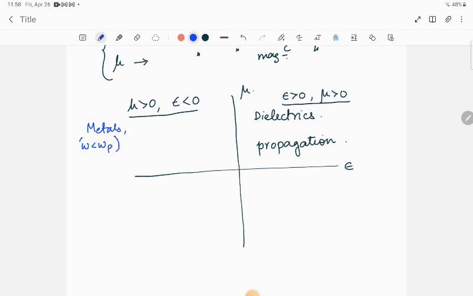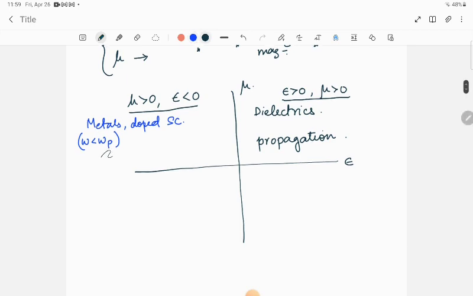This is the domain I am talking of, because for omega greater than omega p, a metal starts to behave as a dielectric. So in this regime, when the metal looks like a metal the way we know metals, or also in case of a very highly doped semiconductor, this would be the region where epsilon is negative while mu is positive. And this is where, as we have already seen and discussed, we have evanescent waves, or rather evanescent fields.